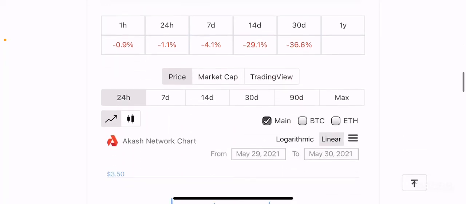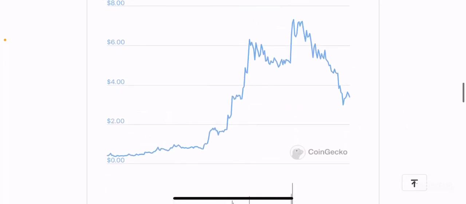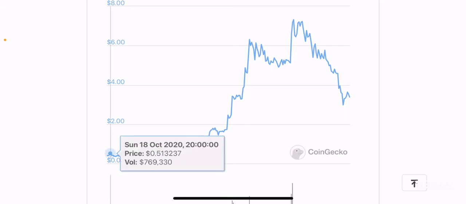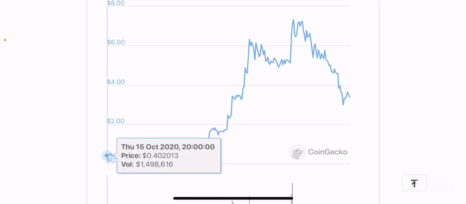If you go to the price charts, you can clearly see that the token has had some really big pumps in recent times. The information for this token is available since 15th of October 2020, when the token price was 40 cents.